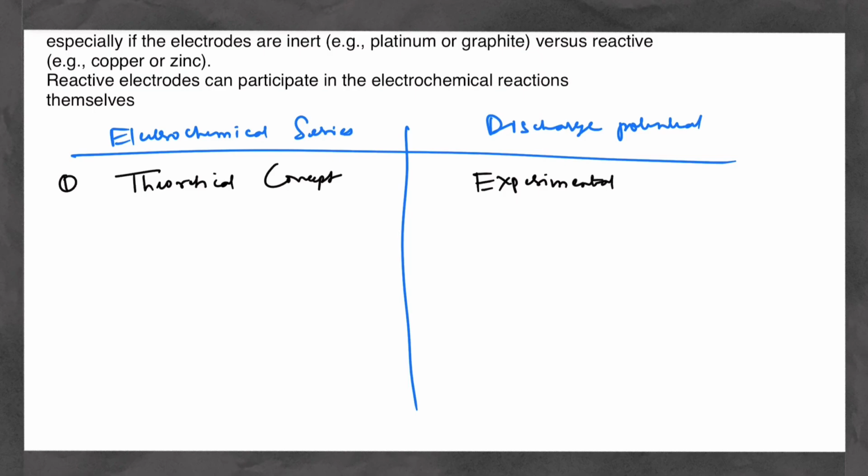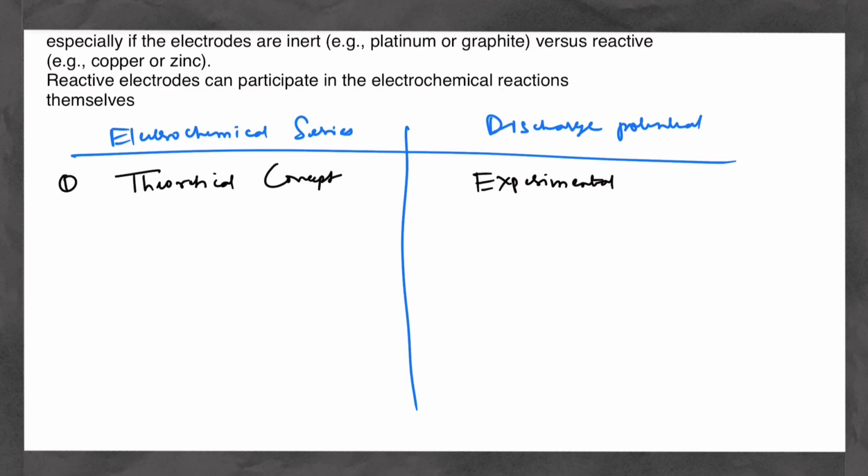Sometimes we have seen that the potential we use in the electrochemical series doesn't cause the reaction to occur. We need extra potential to have a spontaneous reaction.